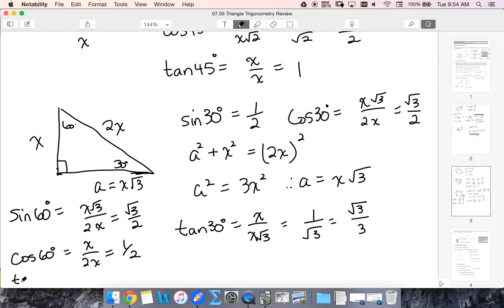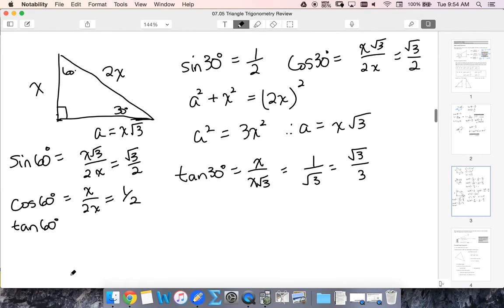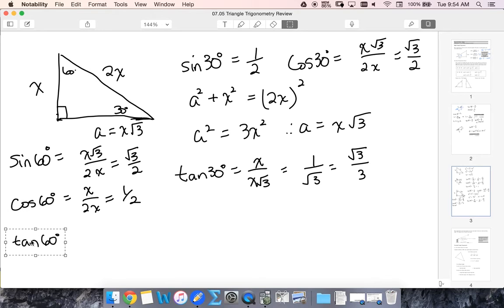And tangent of 60 is going to be the opposite over the adjacent. So tangent of 60, opposite over adjacent, x root 3 over x is root 3.